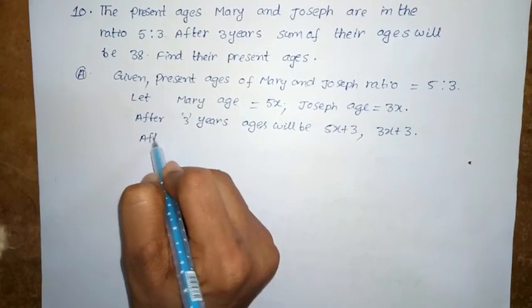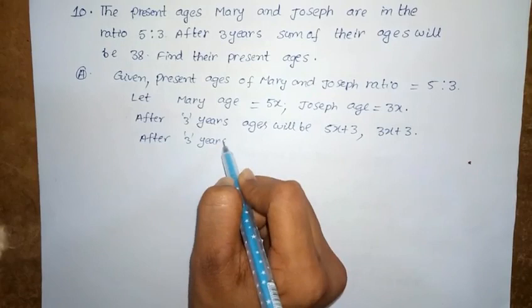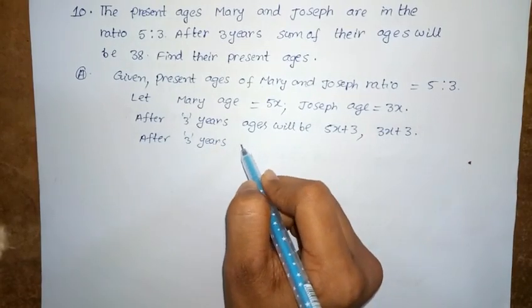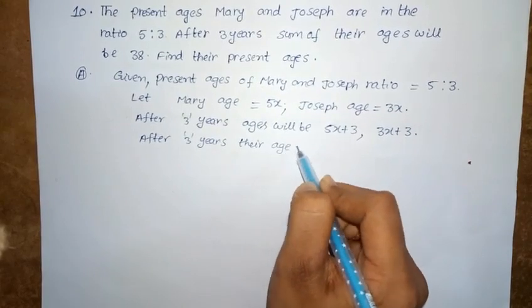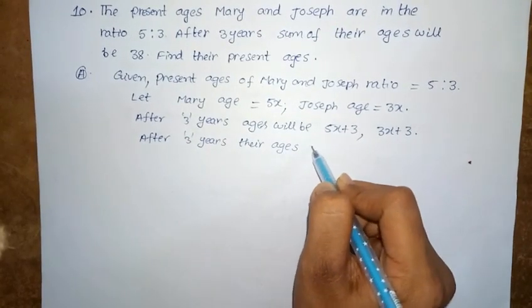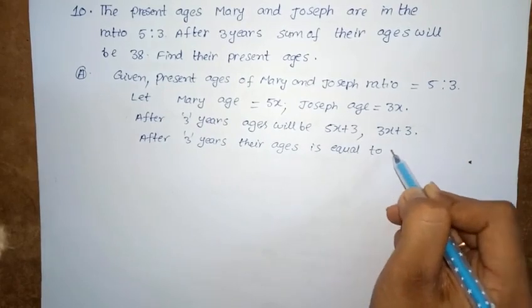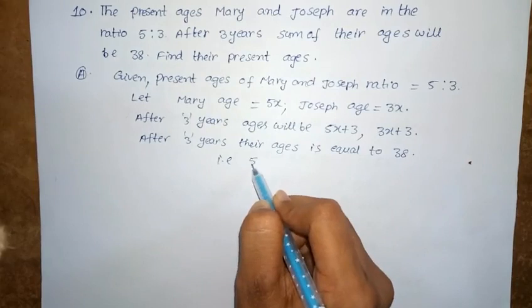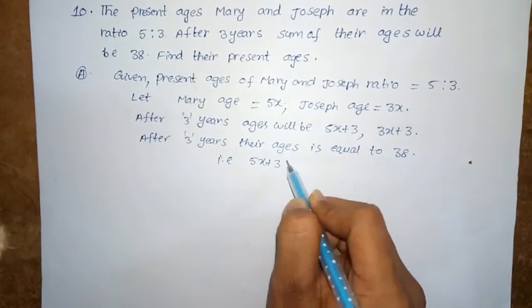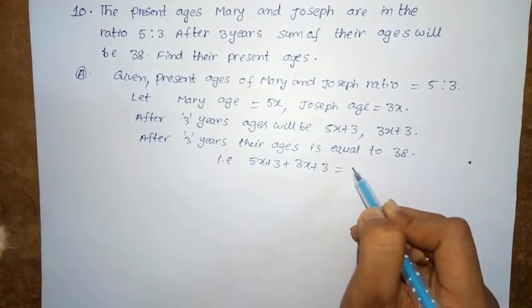So after 3 years, their ages total 38. So that is 5x plus 3 plus 3x plus 3, equal to 38.